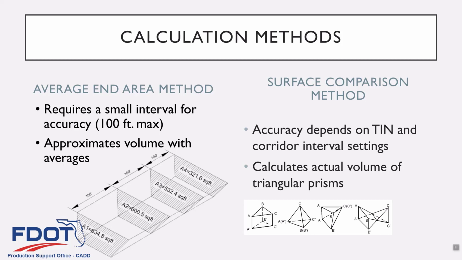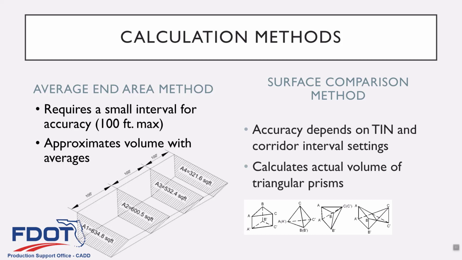The surface comparison method, the accuracy is only dependent on how accurate your survey is: how many points did they take, how closely were they spaced, and presumably they took them accurately. It's also dependent on the interval settings in the corridor, and that's what we set in chapter 2.